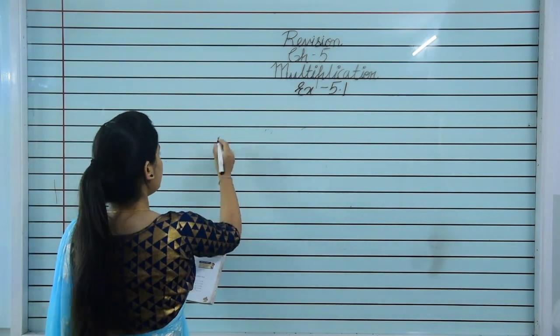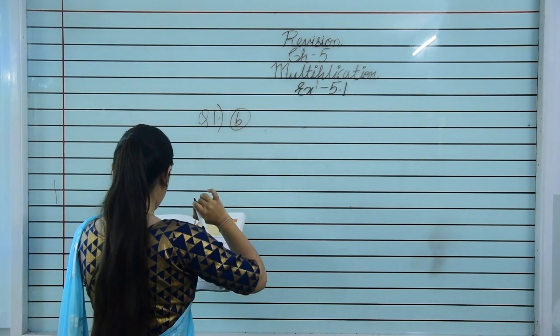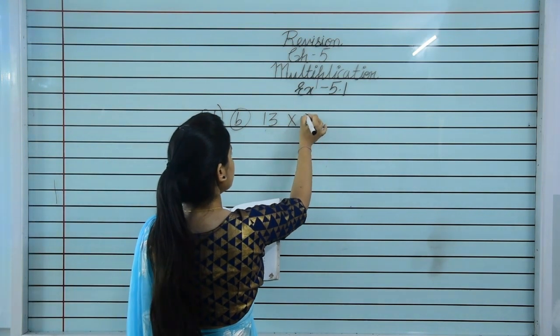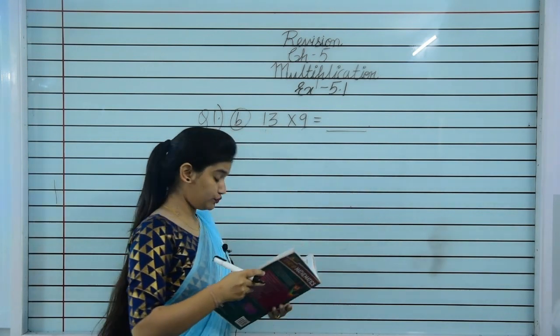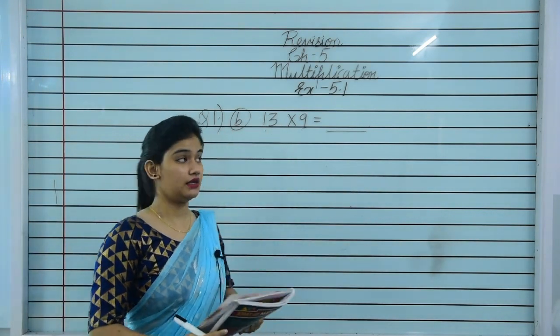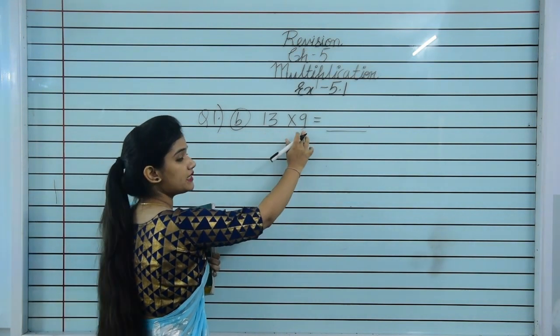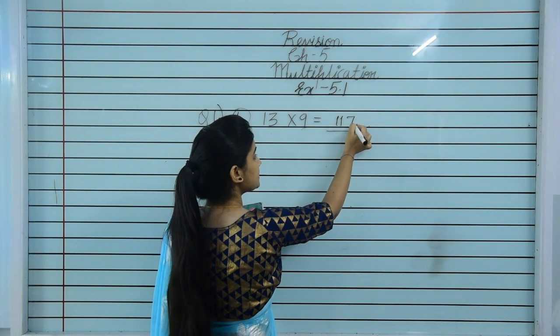We are taking B part of this question. The first number is 13 and the next number is 9. It means we have to multiply 13 by 9. As we know, 13 nines are 117. So the answer is 117.